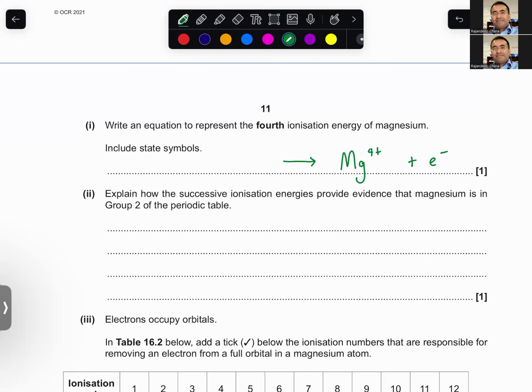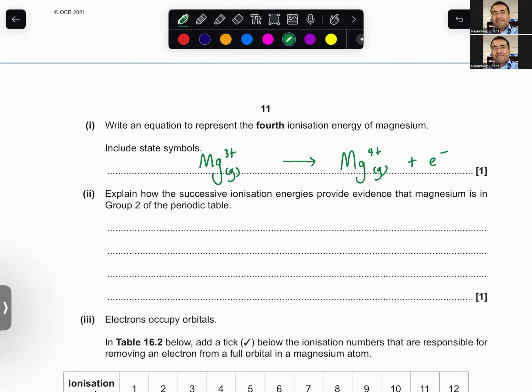That means it must be forming from an Mg3+ ion. Ionization energies are always in the gaseous state, so state symbols are essential. You don't need to write state symbols for electrons, but for the ions you definitely do.